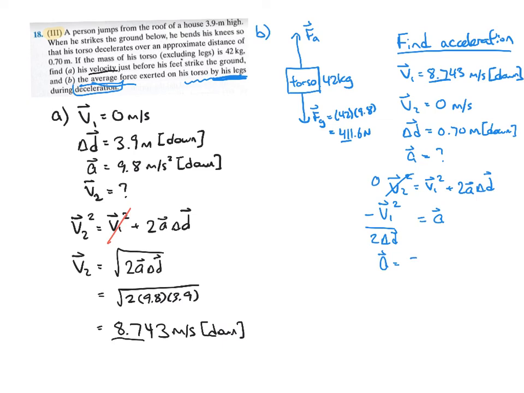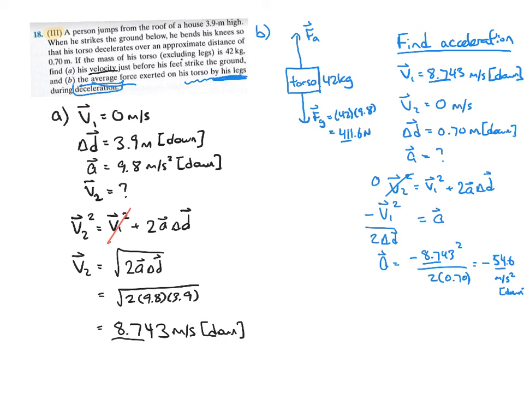So that'll be negative 8.743 squared over 2 times 0.7. And that gives me 54.6 meters per second squared down.